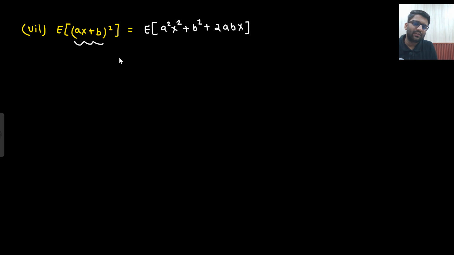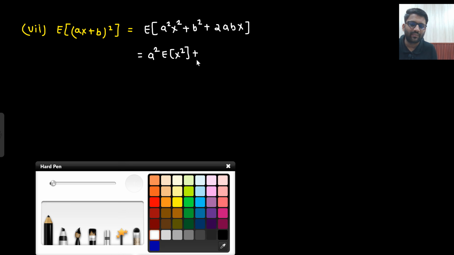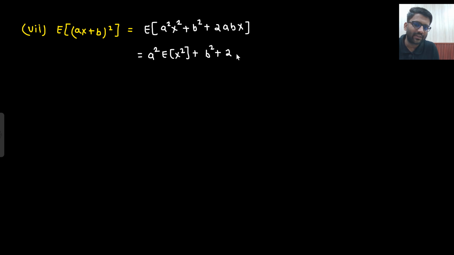What about this? Can you solve this one? Surely you can solve this one. Inside, let's try solving it. What do you get? a square x square plus b square plus 2abx. I just solved this square function. Now what can I do? a square is a constant, so a square expectation of x square plus expectation of b square, which would be b square only, plus 2ab is a constant times expectation of x.